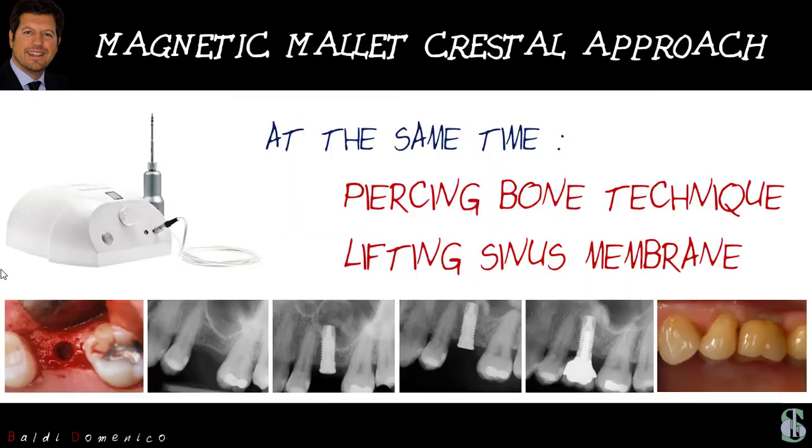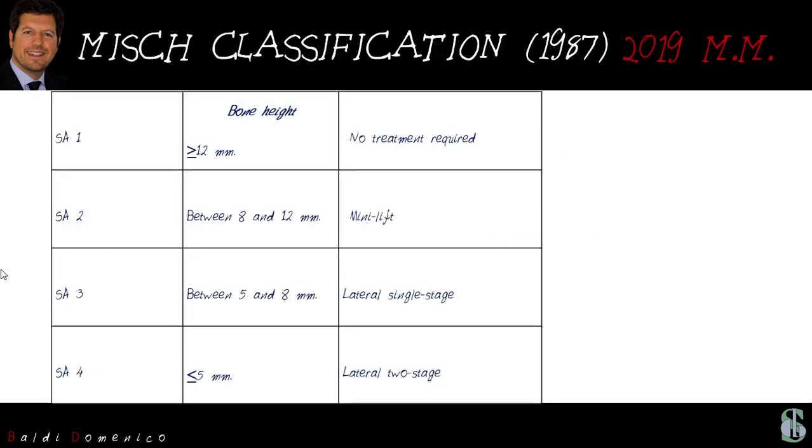So, for this reason, we prefer to use an instrument such as the magnetic mallet, that permits us at the same time to pierce the bone and to lift the sinus membrane. And if we see this Misch classification, we can understand how for a long time it was considered valid.